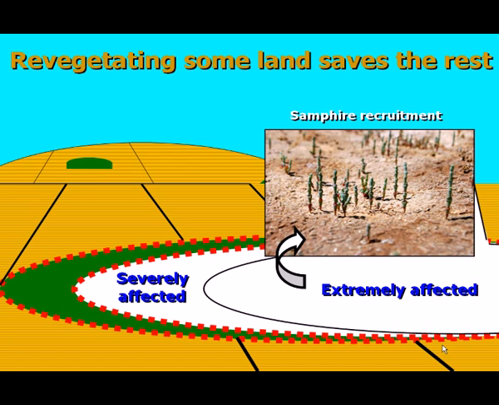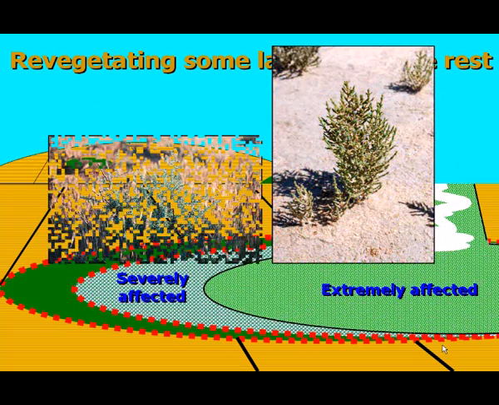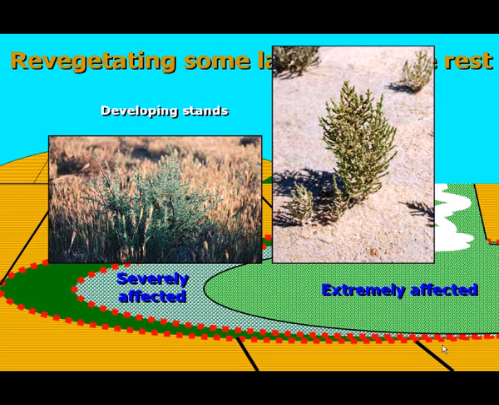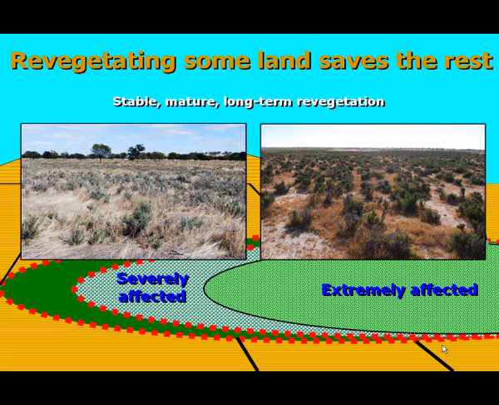In the extremely affected area, we're probably going to see samphire recruitment. In the severely affected area, there'll probably be bluebush recruitment, and with time these stands will grow up. The samphire and the bluebush will develop and eventually become mature, very well stable, long-term stands. And bluebush is grazable in its own right.